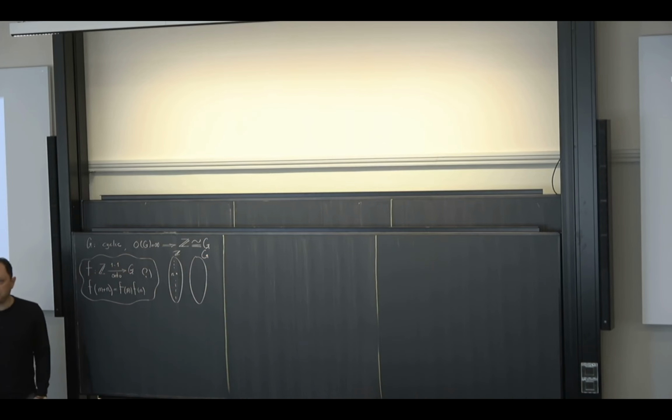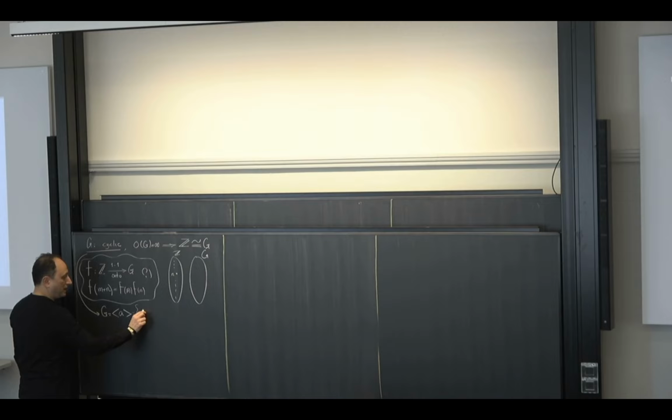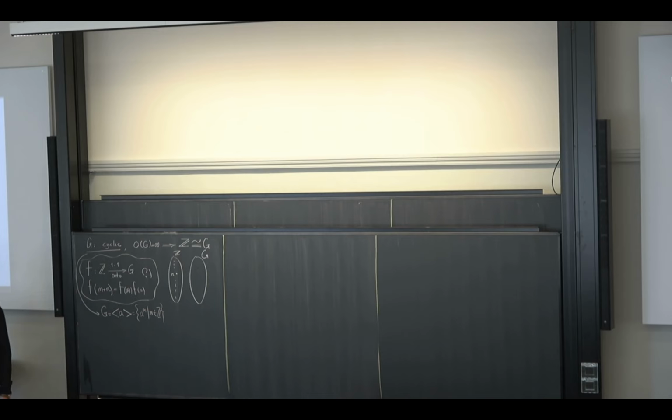But what is G now? G is cyclic. When you say G is cyclic, it has a generator. So when you say G is cyclic, it means that G is the group generated by a generator a. Yes? And do you remember what is the form of this? What is the definition? The definition was a to some power, any power m, so that m belongs to Z. That was the definition of the cyclic group.